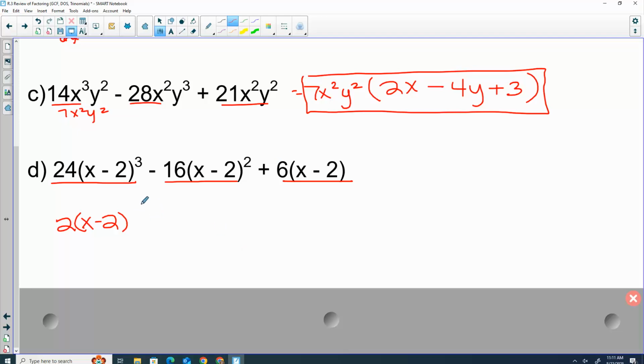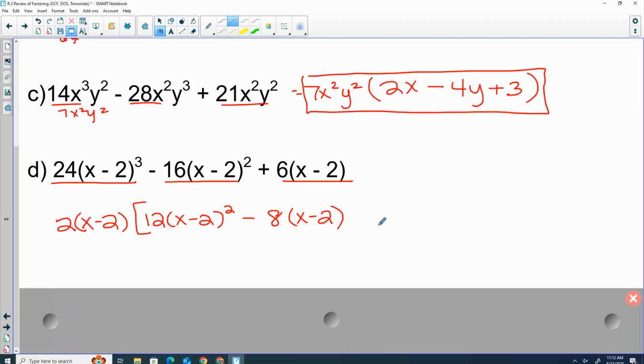Alright, so I'm going to use a bracket here. It's the same as a parenthesis, but just helps me kind of distinguish. This is what's left. So 24 divided by 2 is 12. We had 3 of the x minus 2's. I took out 1, so there's x minus 2 squared remaining. 16 divided by 2 is 8. I had x minus 2 squared.